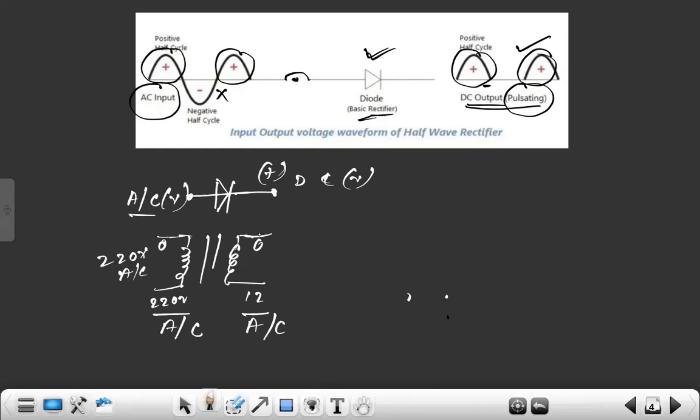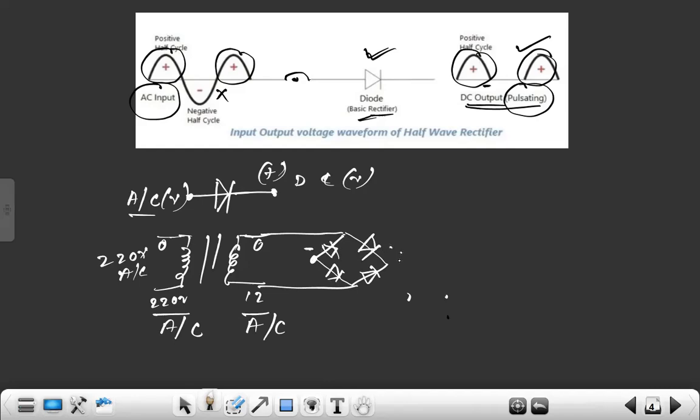So here, if we apply 4 diodes like this in the form of a bridge, say D1, D2, D3 and D4, what will we get? We'll be able to get DC out of it here. From this minus and minus, here is plus and plus.